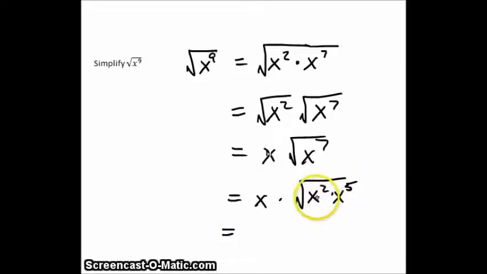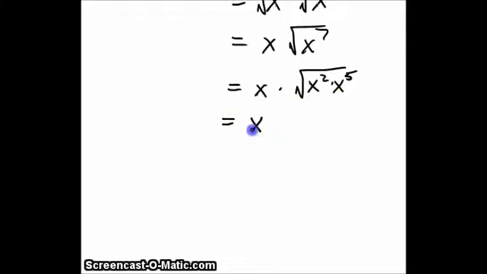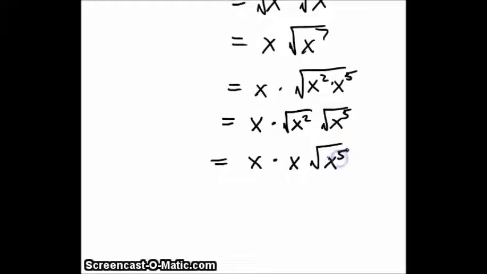Again, I can confirm that x squared times x to the 5th is x to the 7th, so I'm not really changing anything. I'm just changing the way it looks. I'm not actually changing the number itself. And I'm going to multiply that times the square root of x squared times the square root of x to the 5th. That will be x times the square root of x to the 5th.